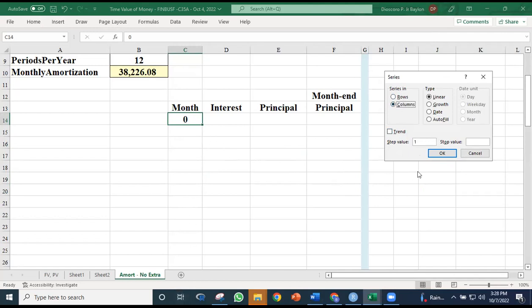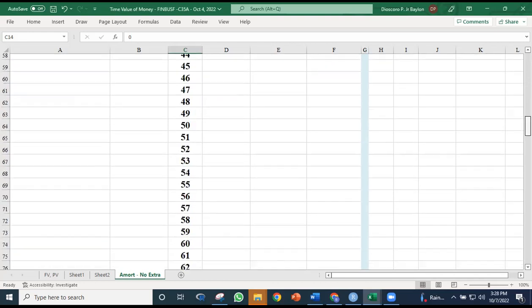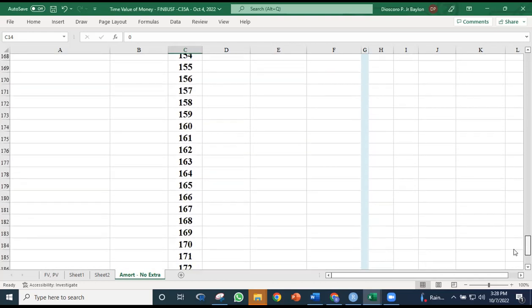The step value is 1, which means increments of 1, which is what we need because 0 to 1, 2, 3, it will increment by 1, and then the stop value is 180. So make sure you are here at month 0. So we're asking Excel to increment by 1 until it reaches 180. So okay, there you go. So that should be 180.